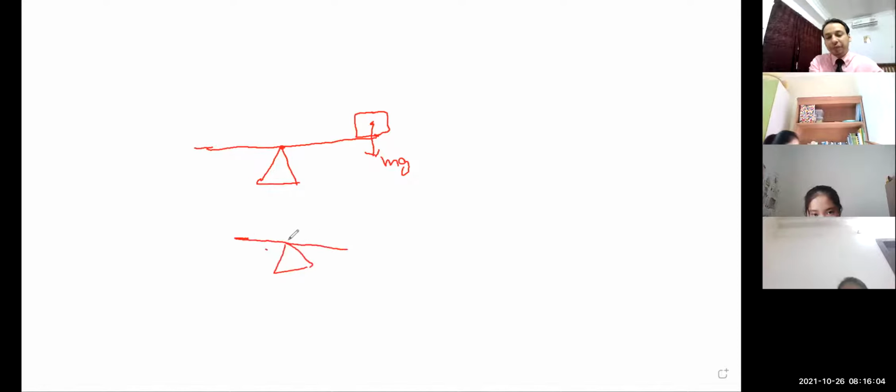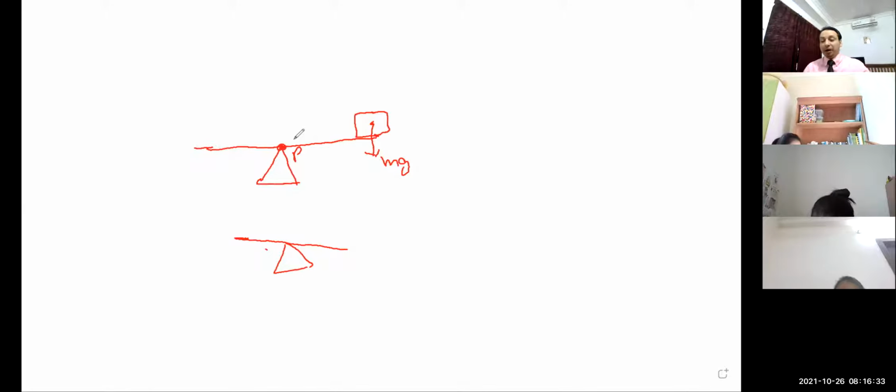The seesaw will rotate. If I consider this is the point P, perpendicular to the plane of my laptop screen, the seesaw will rotate about the fixed point P, either clockwise or anti-clockwise, depending upon where we have placed the weight.